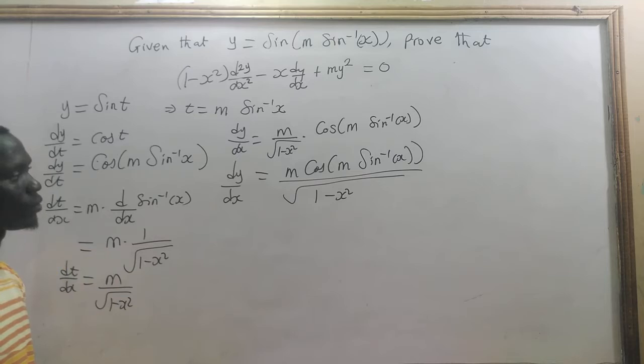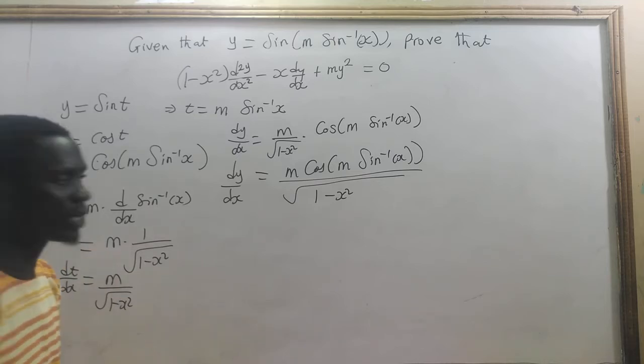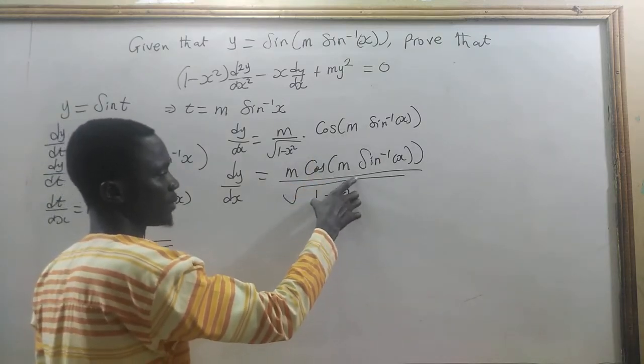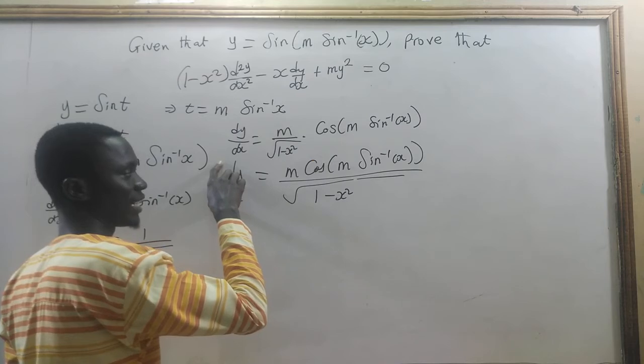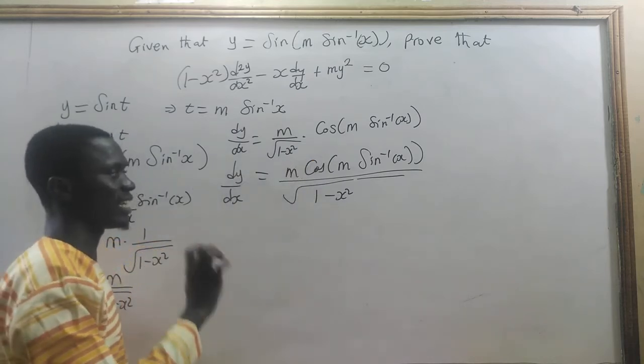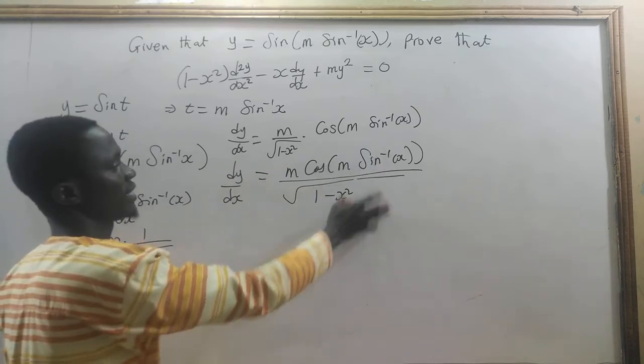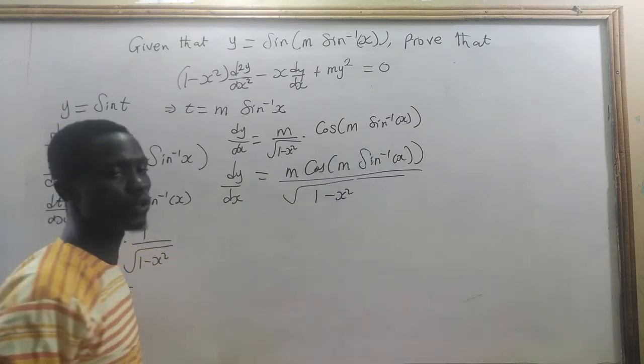Now let's continue. To continue this one, what we have to do is that here you can use the quotient rule, or you can multiply this by that, and then we will just differentiate it implicitly. Okay, so here this contains only x, so let's use the quotient rule.